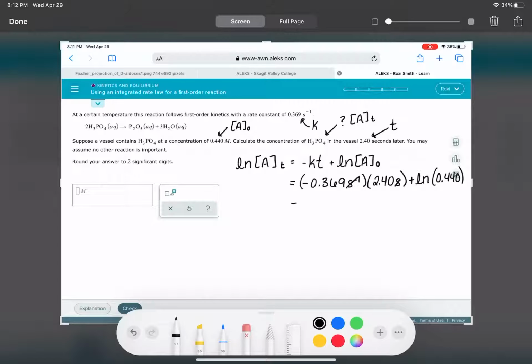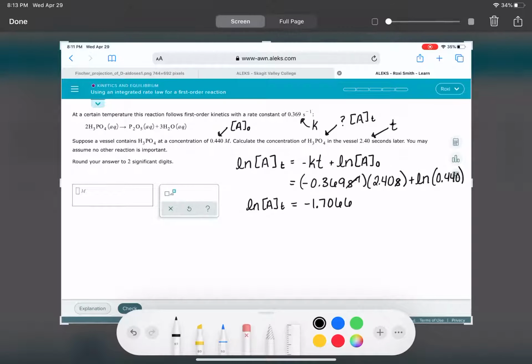Let's go through it, because we have to undo the natural log, which sometimes is kind of tricky. So negative 0.369 times 2.40 plus the natural log of 0.44 is going to give us the natural log of A at time T, which is negative 1.7066.